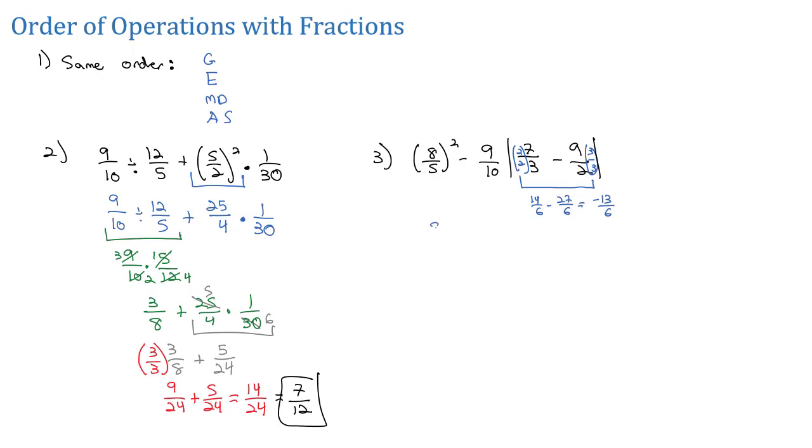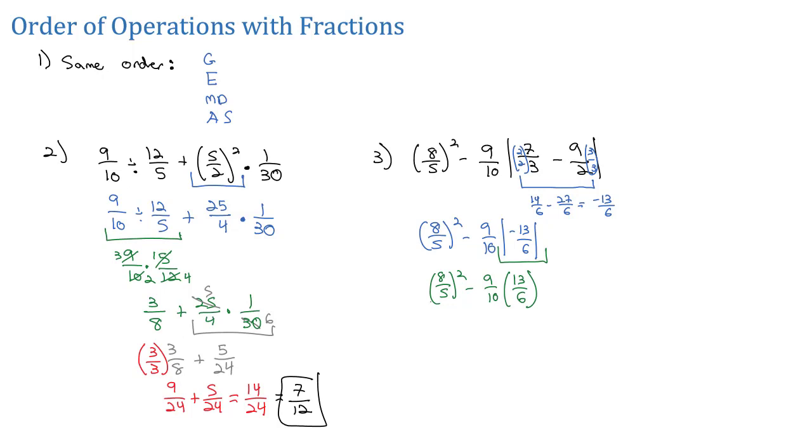So we end up with (8/5) squared minus 9/10 times the absolute value of negative 13/6. But remember, absolute value has one extra operation we have to do when it's simplified to finish that grouping symbol, and that makes it positive. So now we have (8/5) squared minus 9/10 times a positive 13/6.